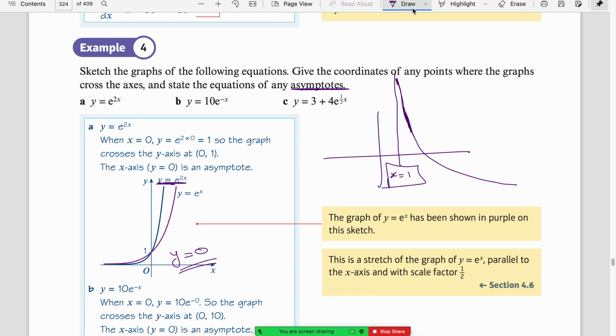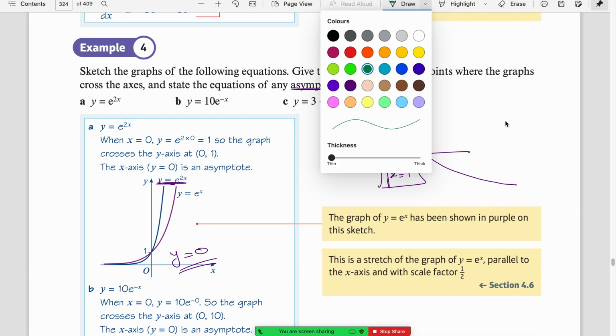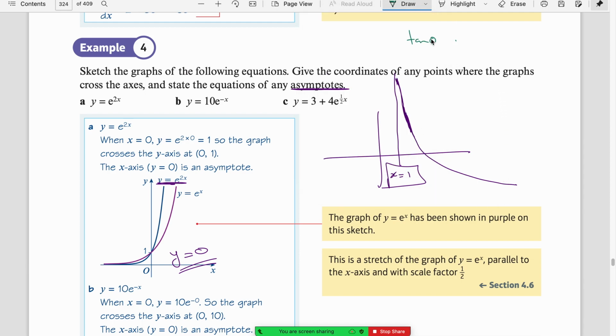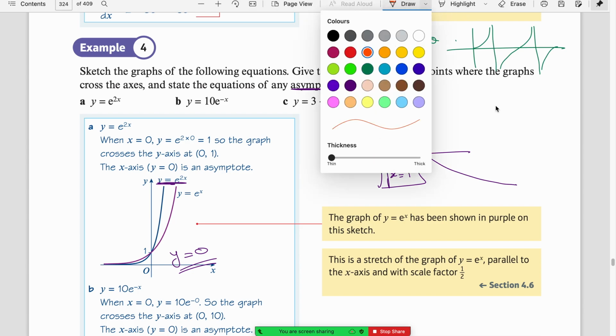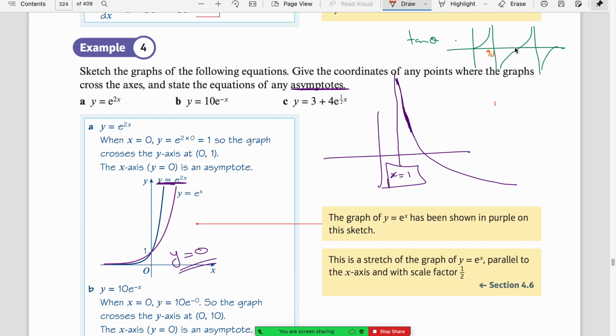If you remember, the graph of tan theta was like this. Remember this? This point was 90. This intersection point is 180. This line is 270. And this point is again 360. So in this graph, at theta equal to 90 degrees, it is an asymptote.